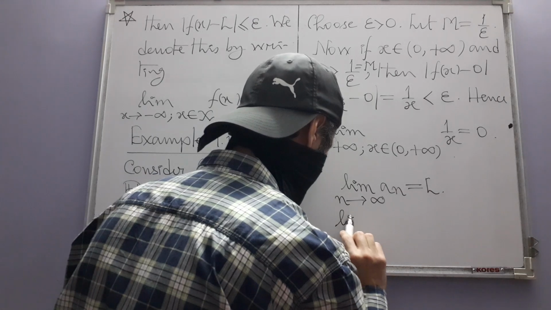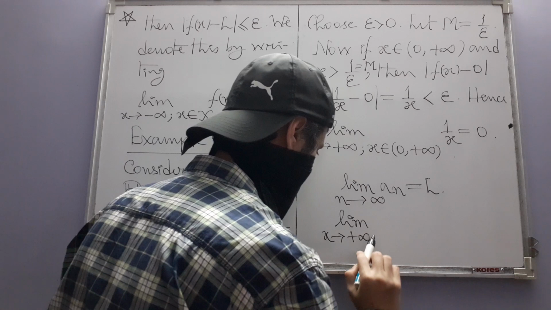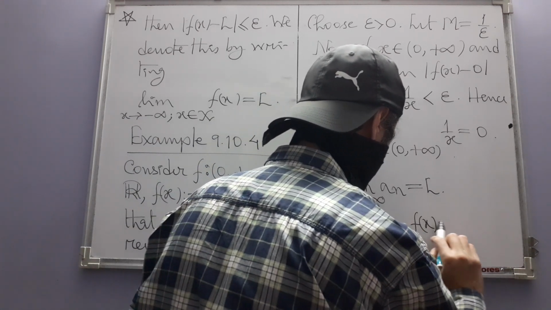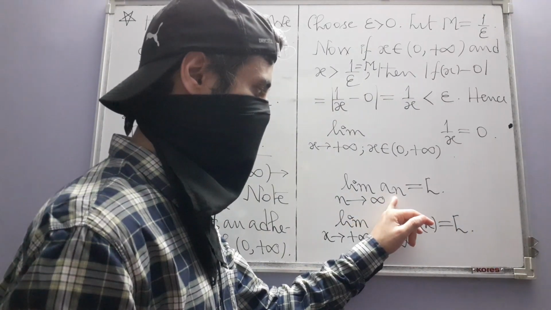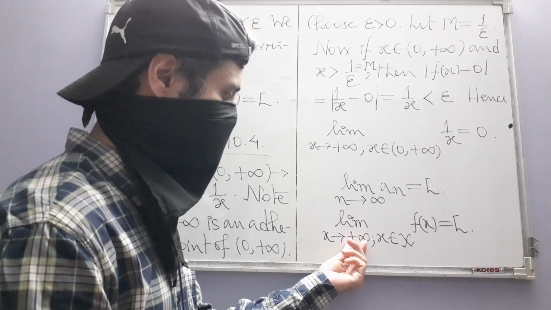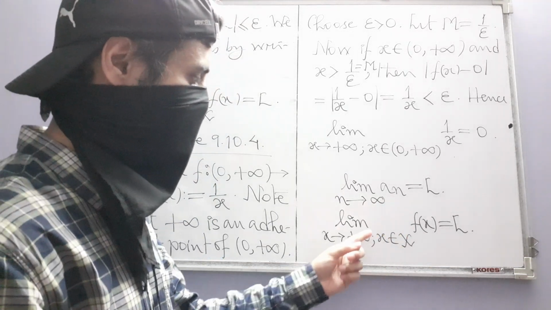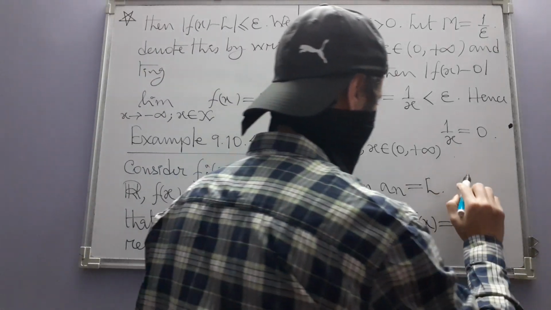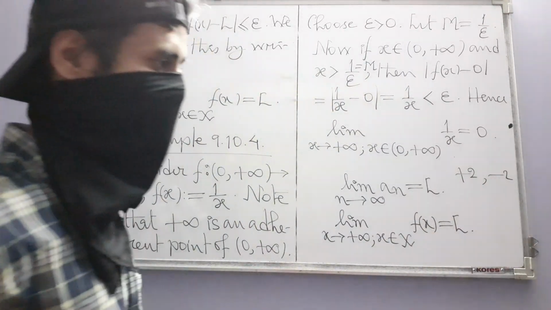Now we have a similar thing. The difference is that there we had a sequence, here we have a function. Here we have plus infinity, there we have infinity. Is that a difference? No, because infinity is a simpler notation for plus infinity. It's like 2 and minus 2. 2 is actually plus 2, but we do not write the plus.